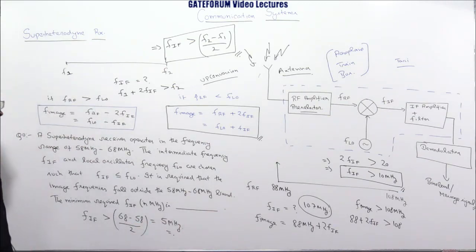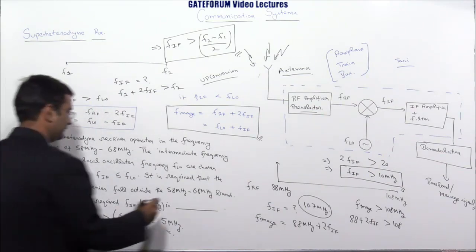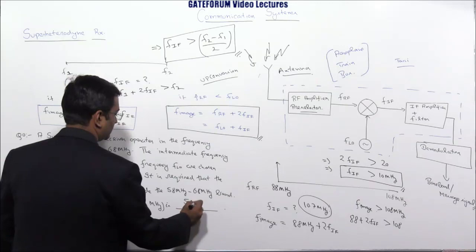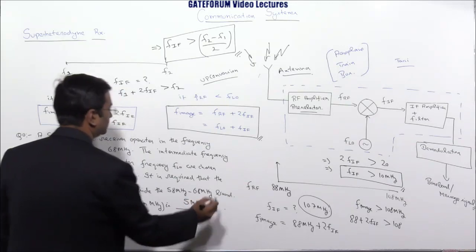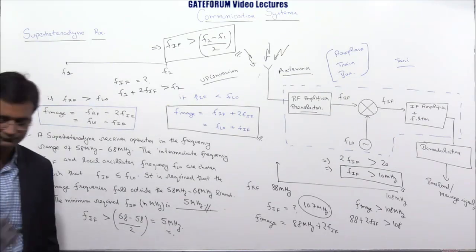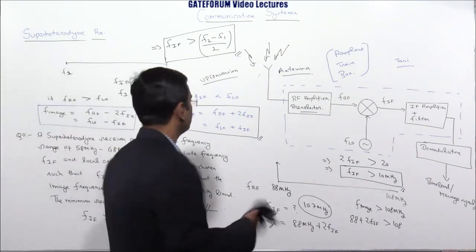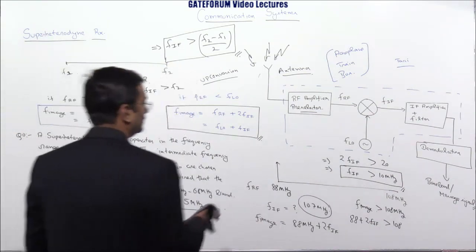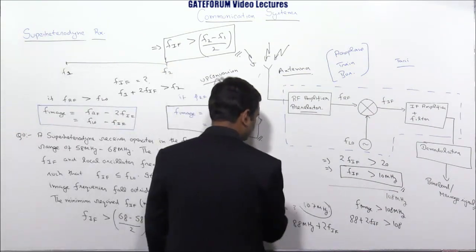FIF should be greater than or equal to 5 megahertz. The minimum value is 5 megahertz. That's it, so that we should know. Okay, let us do one more problem.